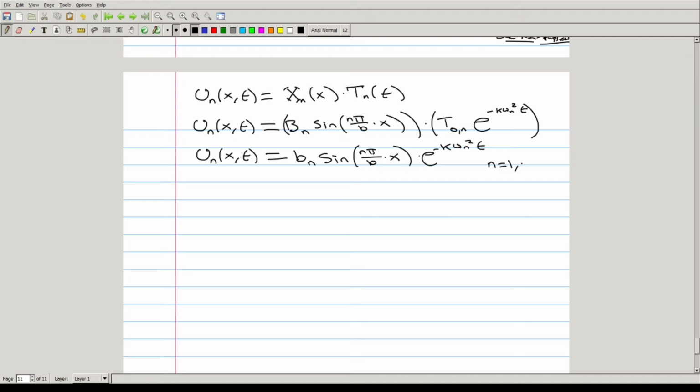So 1, 2, 3, and any positive natural number of n are the solutions that we have here. And so the general solution then is the sum of all of these separable solutions.